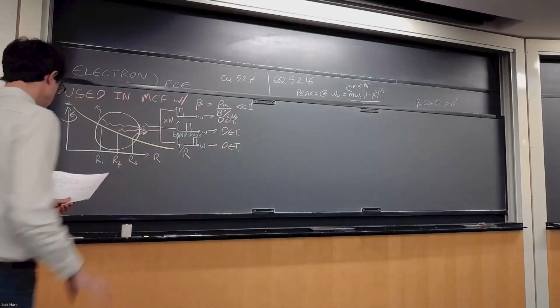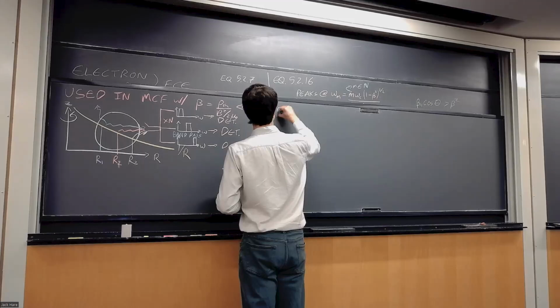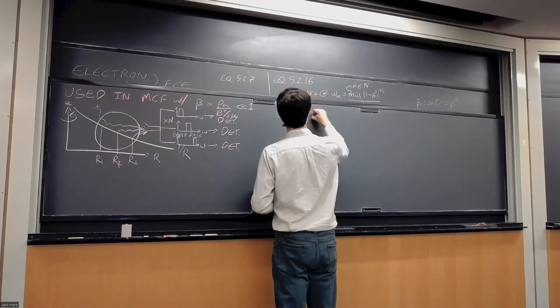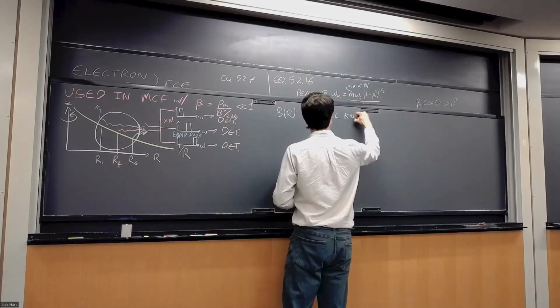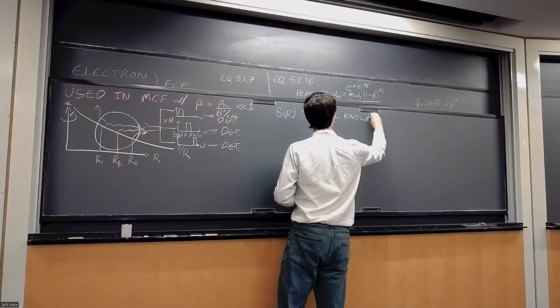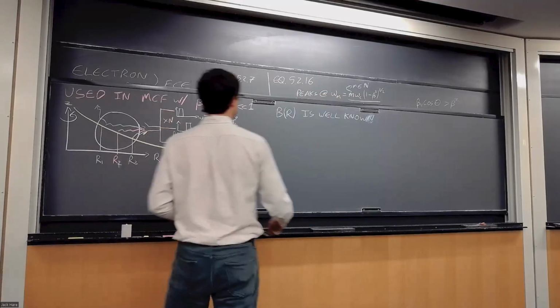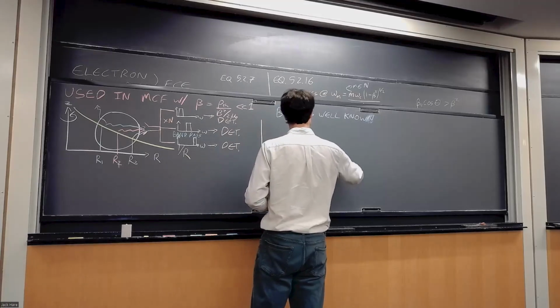Why is this helpful? It's because, as we said before, B of R is well known. We think of the intensity that's detected on our detector over here.